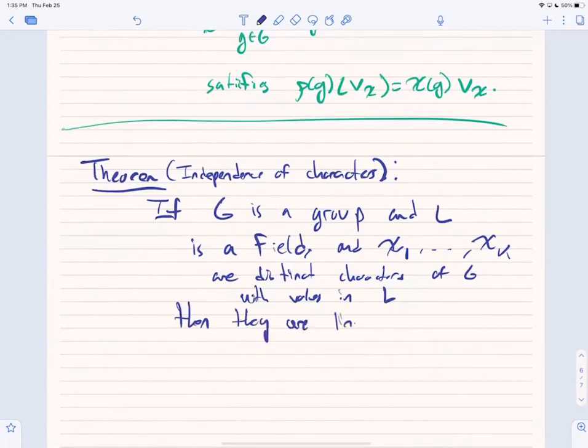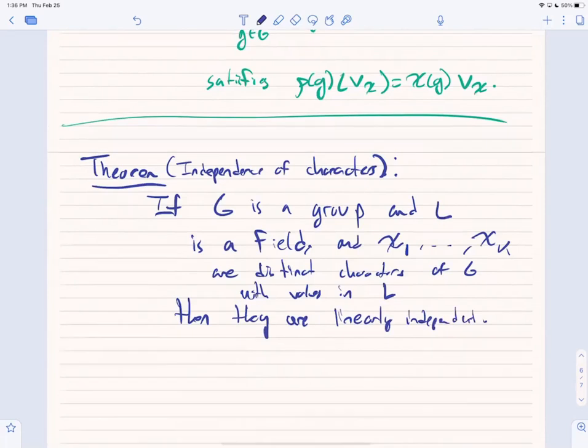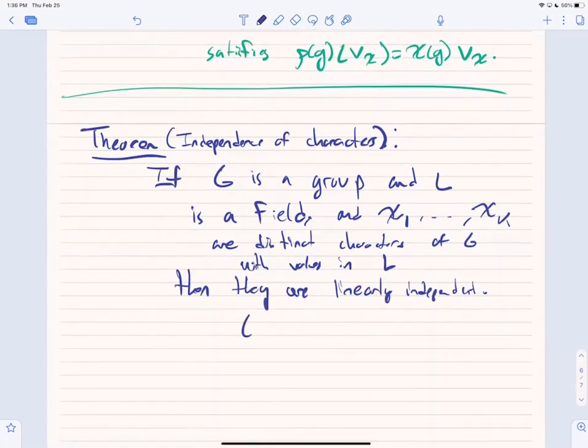So you have some set of distinct characters, linearly independent. And what do I mean? In the space of functions from G to L, so this is an L vector space. And here it's really just all functions from G to L.